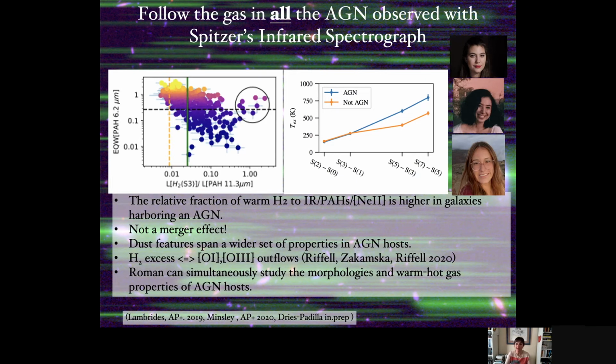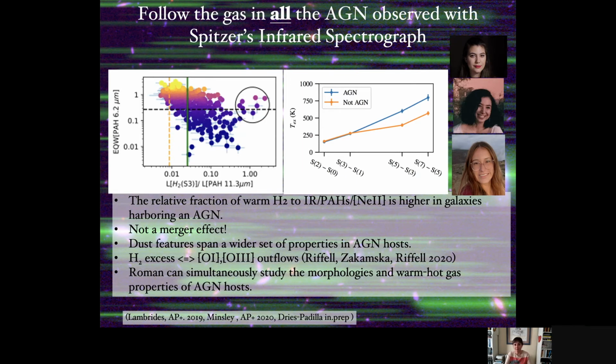Others followed those up with SDSS spectroscopy and found that the H2 axis seemed to be associated with outflowing gas. Now, Roman will be simultaneously able to study the morphologies as well as the warm-hot gas properties of AGN hosts, and be able to delve deeper into what was happening in those galaxies.